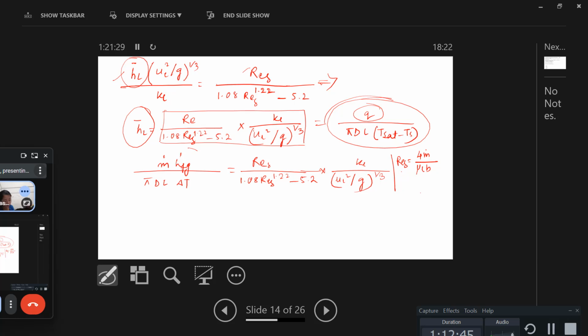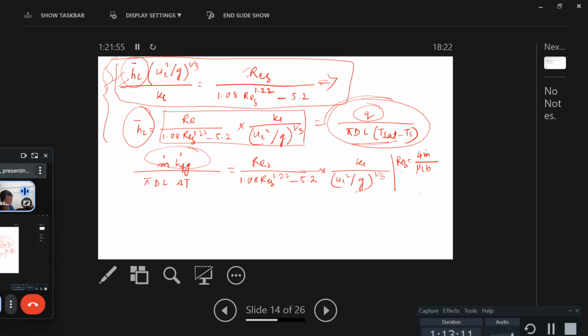So in these equations, this is the one which was written in the lecture, this one. Okay. So from here we don't know HL, we don't know RE. So instead of HL we can write Q by A into delta T, right? This one. Now instead of Q we can again write m dot into HFG.